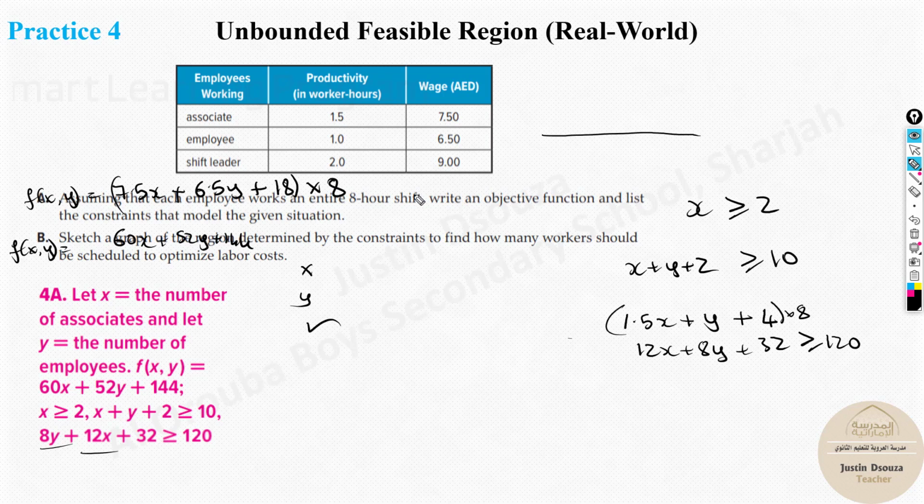So we have to add their work hours as well. 4 into 8 will be 32 work hours. That will be greater than or equal to 120. So these are all the constraints we get. Now, please don't forget what I forgot. This is very important, even adding the shift leader. Because they are already mentioned, there'll be two shift leaders no matter what. We have to just consider their values as well.